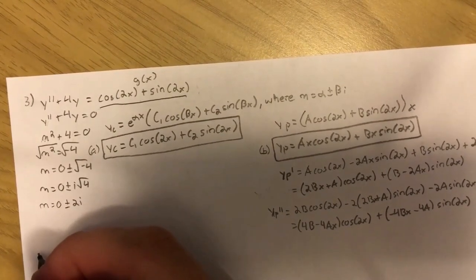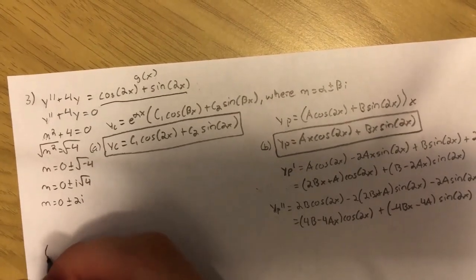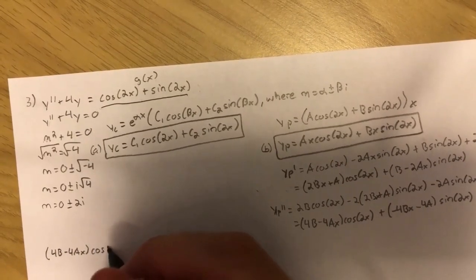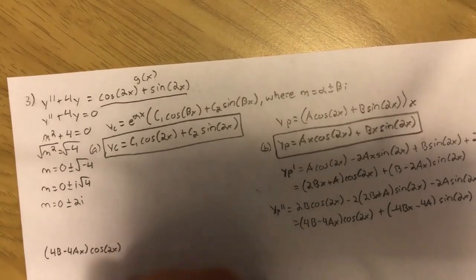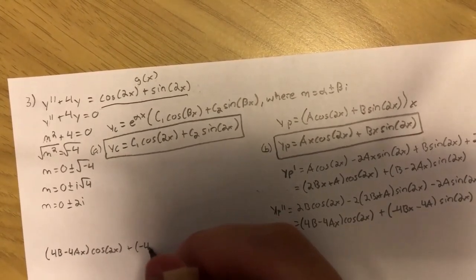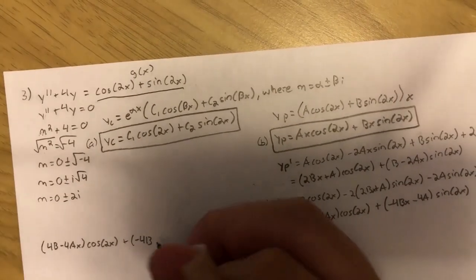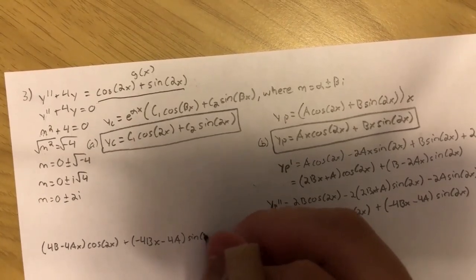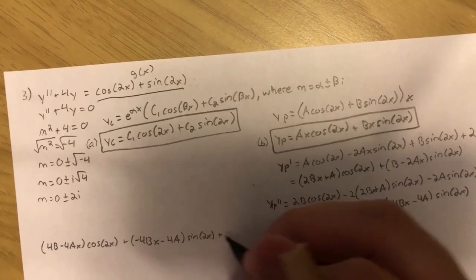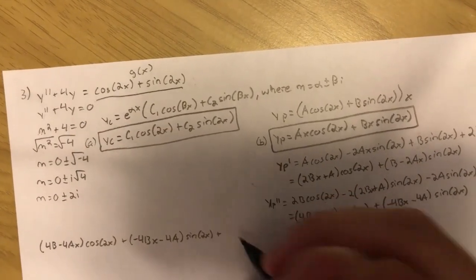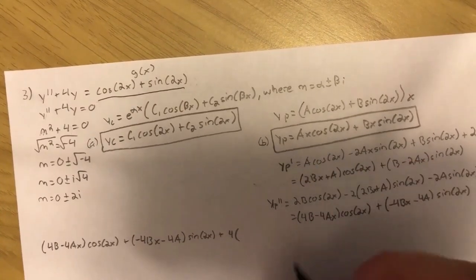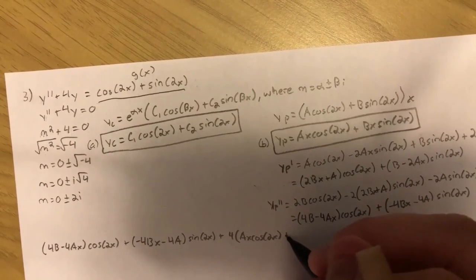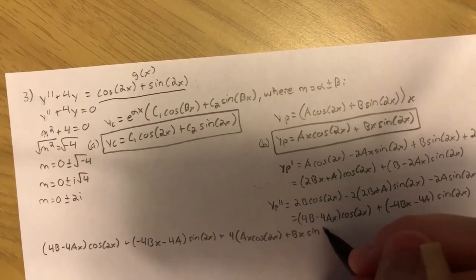So y sub p double prime is 4b minus 4ax cos of 2x plus negative 4bx minus 4a sine 2x plus, remember there's a 4 up here, so 4 times, plug that in, ax cos 2x plus bx sine 2x.